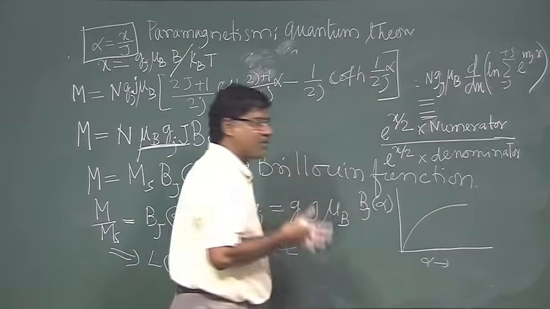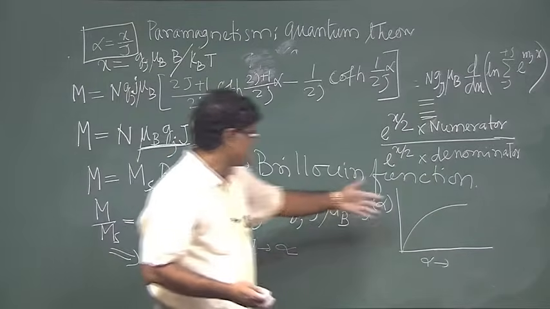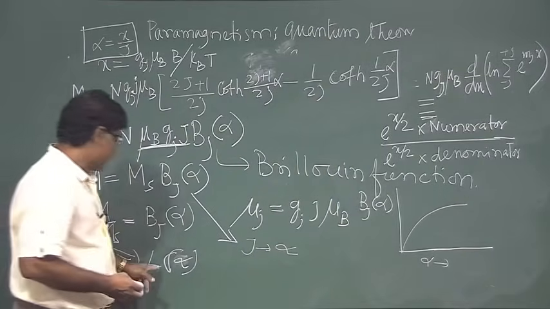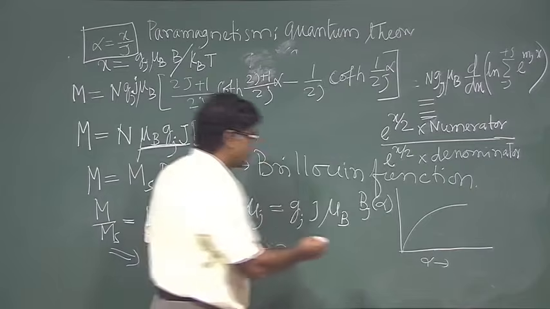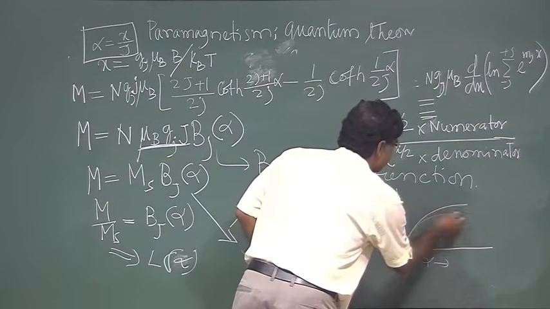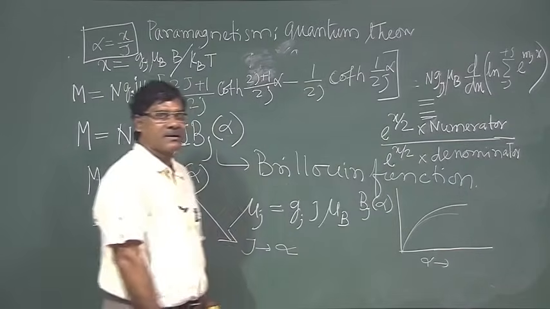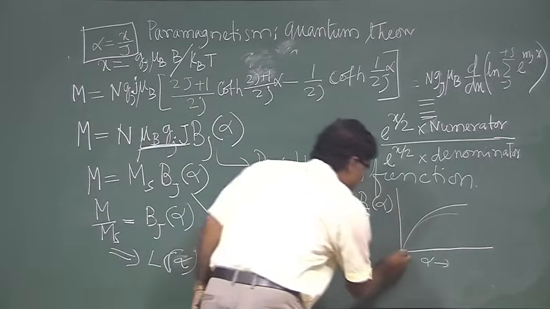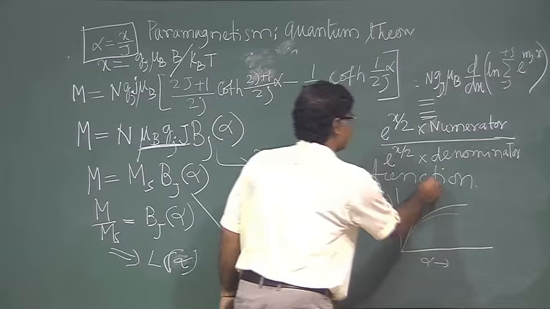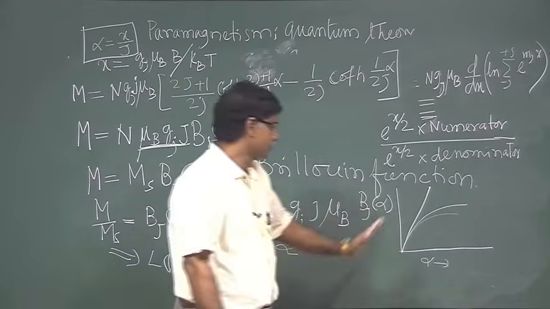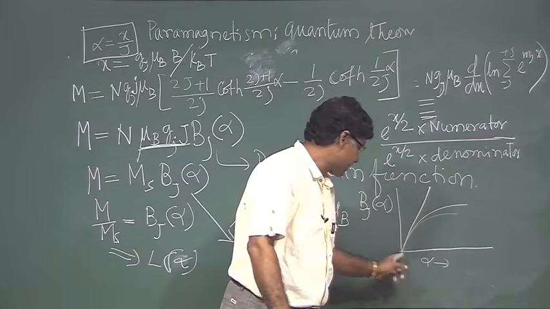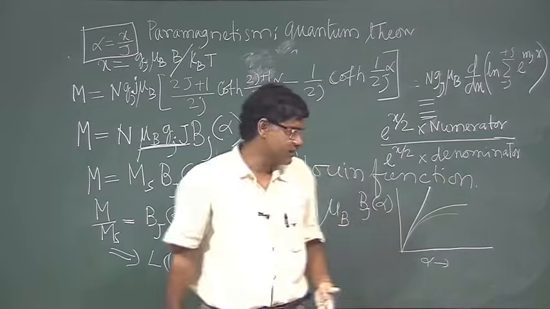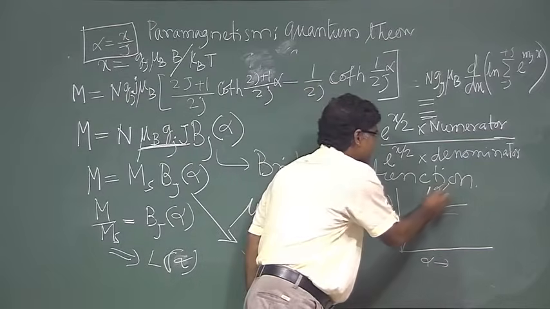Okay. In the Brillouin function, this is varying like this, and in the Langevin function also we have seen it varies like this, right. But at higher temperature, under the low field approximation, we took the tangent, and this straight line, we have shown, is alpha by 3.